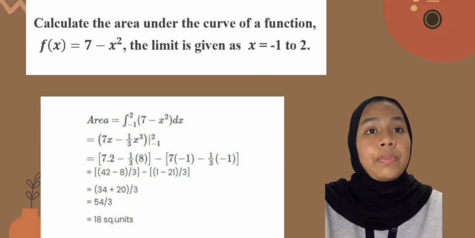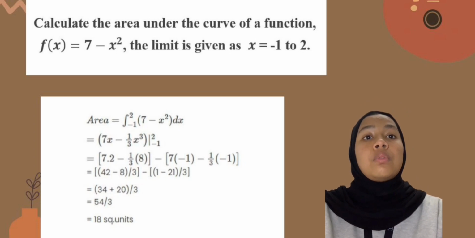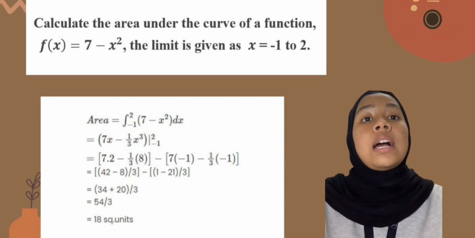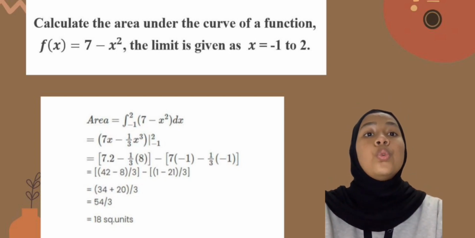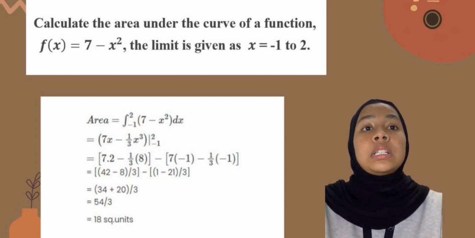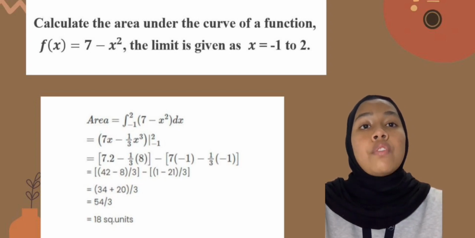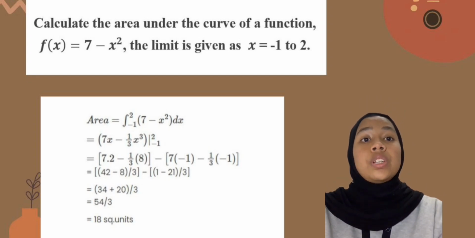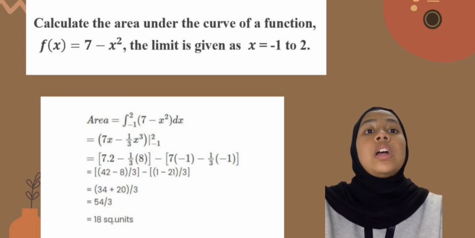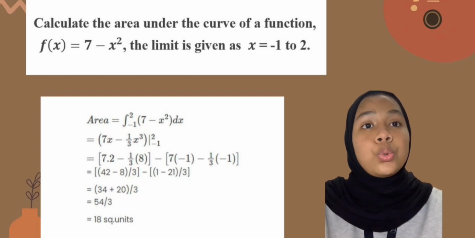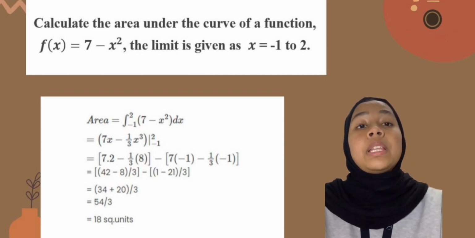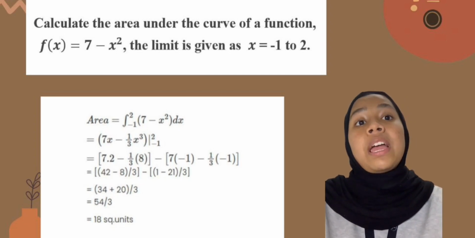from -1 to 2. Okay, for the second step, we put the upper value of the integral in for x in the equation, for the first bracket. So 7 multiplied by 2 minus 1 over 3 multiplied by 8.